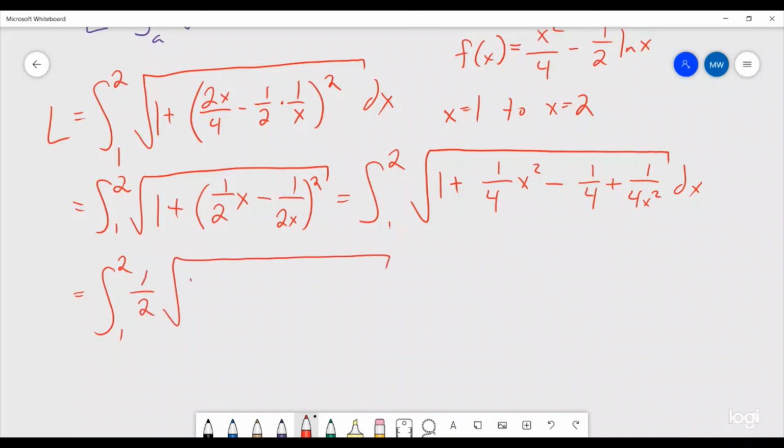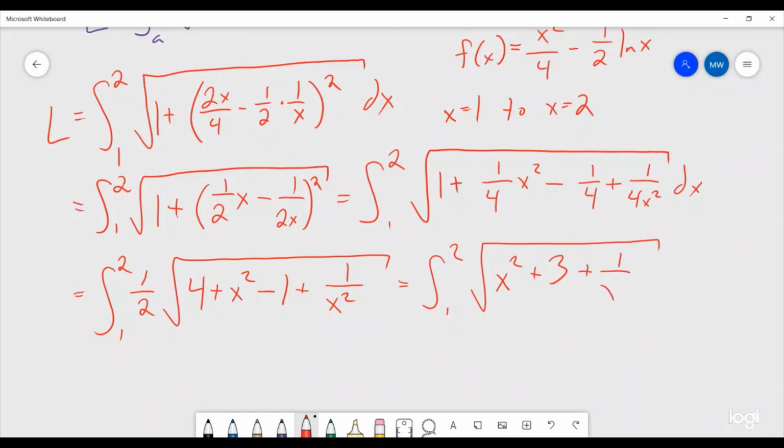So we have the integral of the square root of 4 plus x squared minus 1 plus 1 over x squared. This is equal to the integral from 1 to 2 of the square root of x squared plus 3 plus 1 over x squared dx. And then we would have to go through and figure out a way to integrate that, but that integral is going to give us the arc length of that curve.